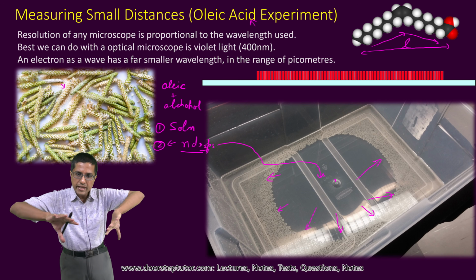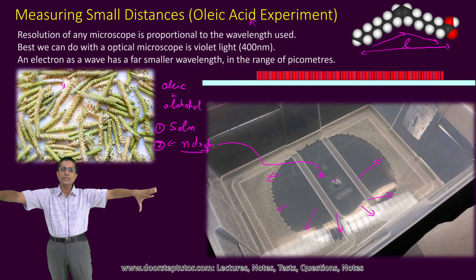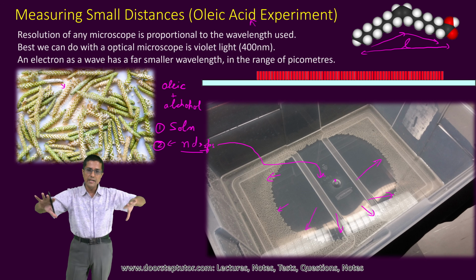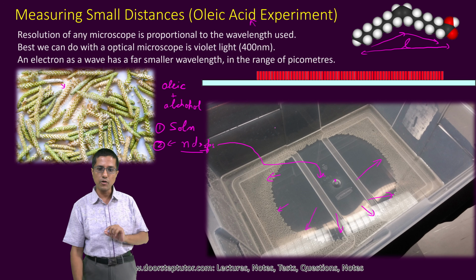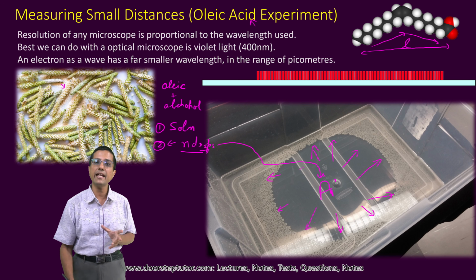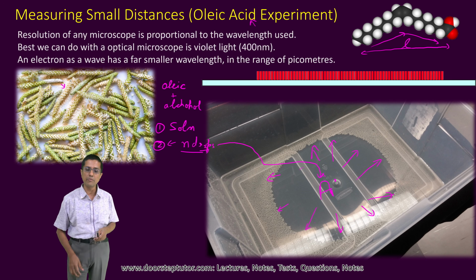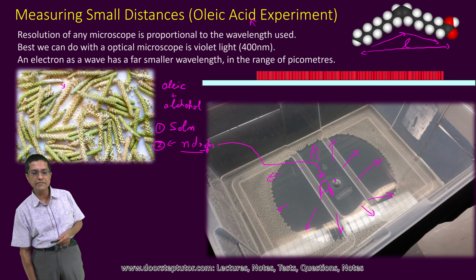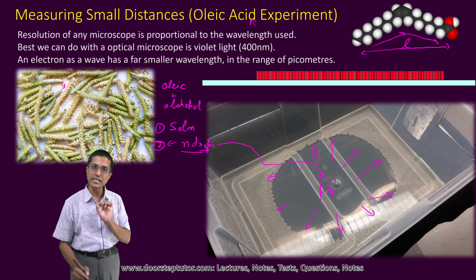As the oleic acid expands on the surface of the water, it displaces the powder, and that is the purpose of the powder. We add the powder only so that we can measure this area. This area we then measure and call A. Subsequently we will see how the calculations work out, but the entire objective is that we are measuring this area.